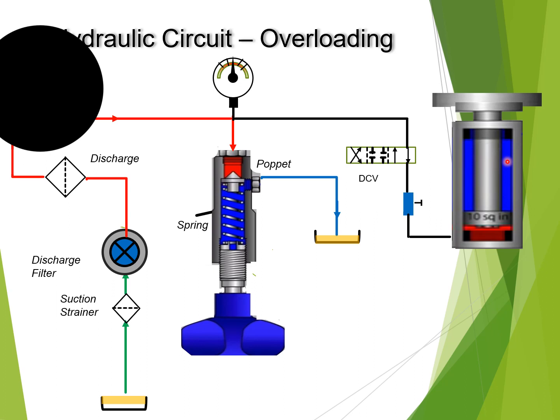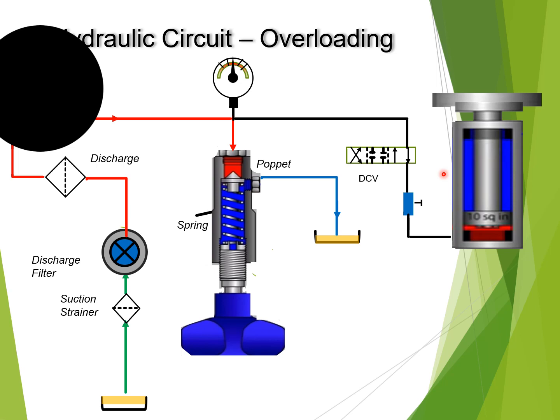For example, a hydraulic cylinder is designed to lift 100 kgs of weight. But if we try to lift 200 kgs, then the cylinder may not be able to lift it. The cylinder in the process may get damaged also. The other components in the circuit also may get damaged.